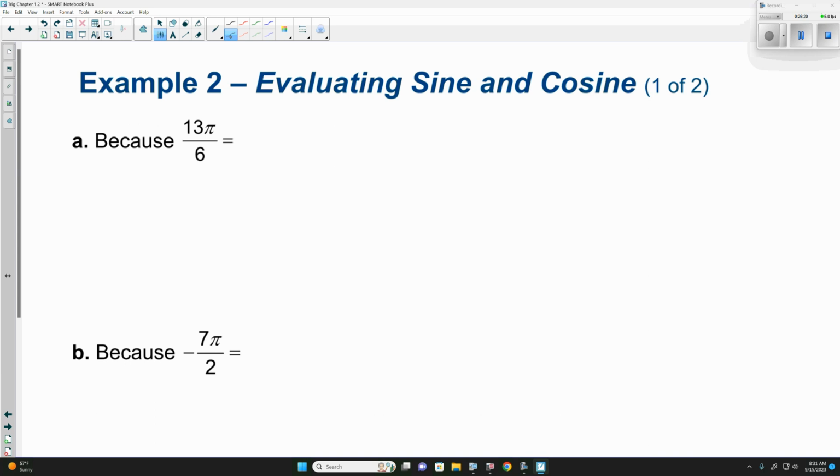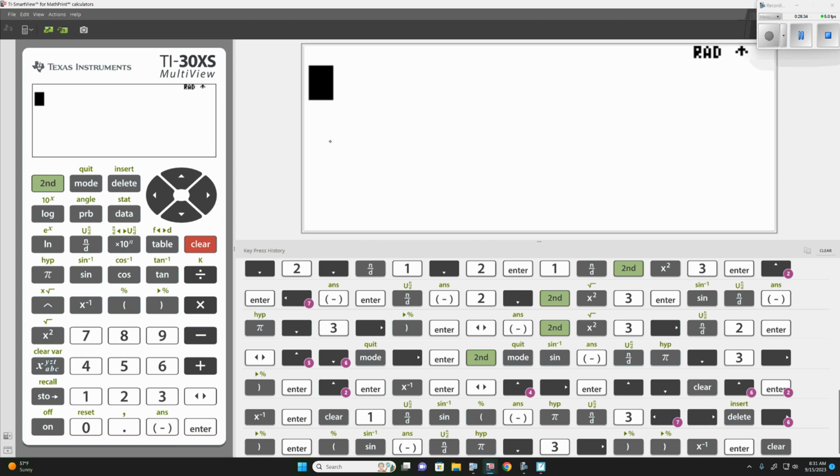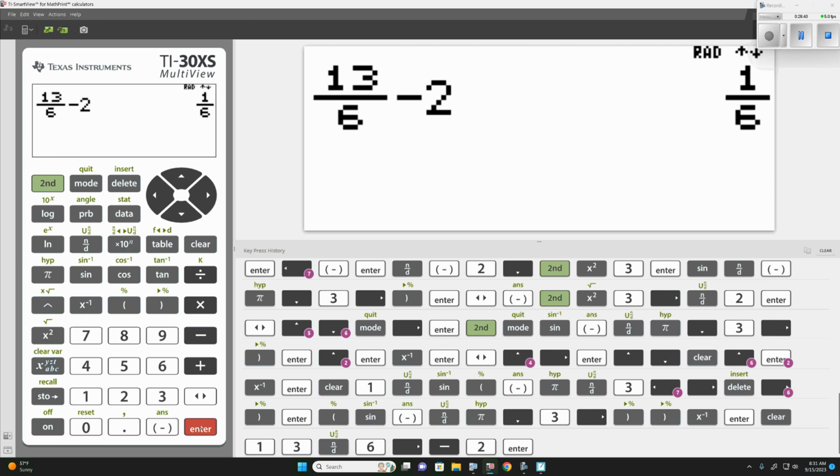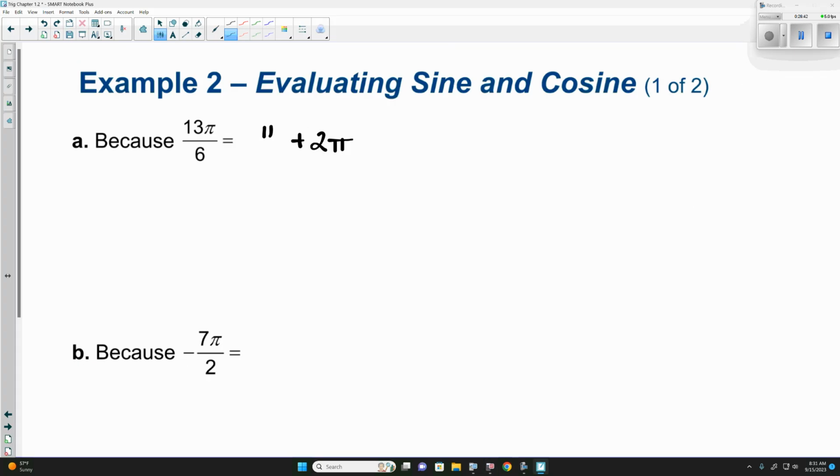well, 13 pi over 6 is not on the unit circle, because 13 over 6 is greater than 2. But we can think of it as an angle plus 2 pi. So if I take 13 over 6 and subtract 2 from it, we get 1/6, so pi over 6.